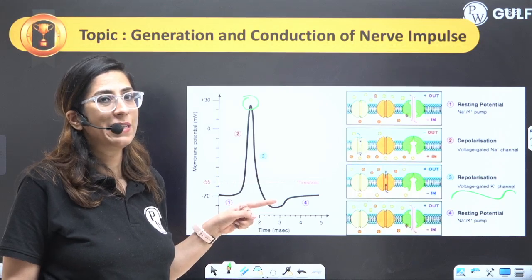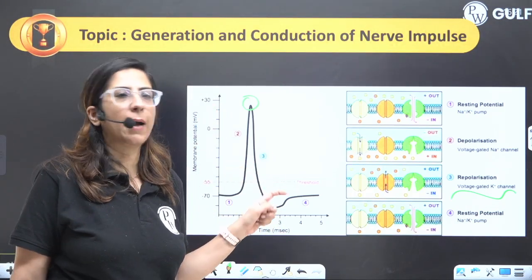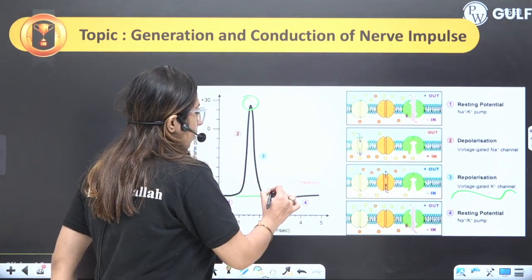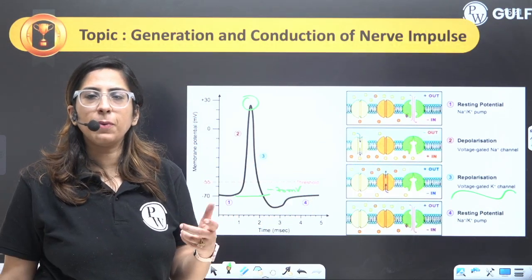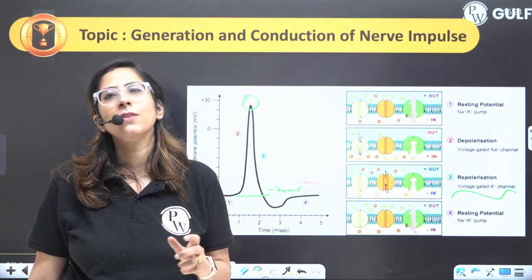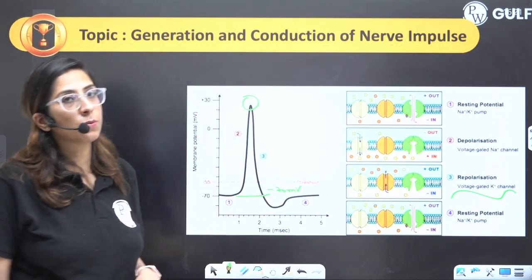As it becomes negative, it will come back to the normal value of -70, right? Now for a few milliseconds, the potassium ion channel remains open, due to which the resting membrane potential becomes more negative.